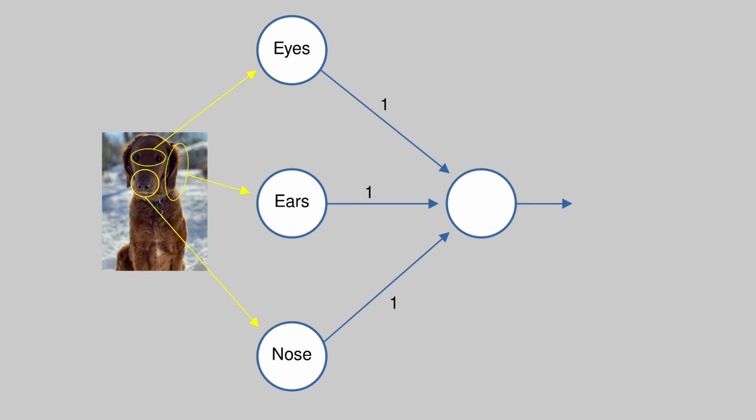So again, we will multiply those pixel values by their weights, and we will add up all of those values to determine the output. The output in this case is just going to be whether or not this is a dog. So yes, this is a dog. Great. Our neural network has produced correct output, and it's working as we hoped it would.